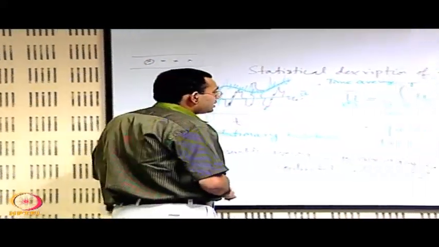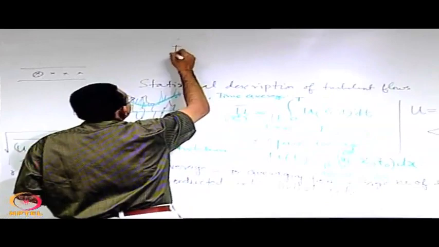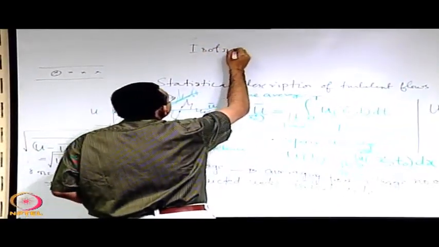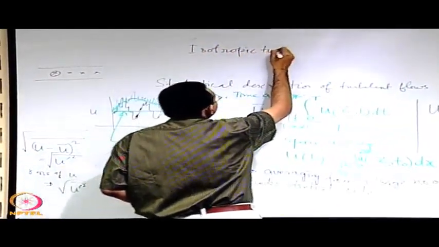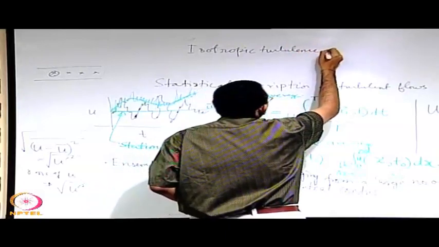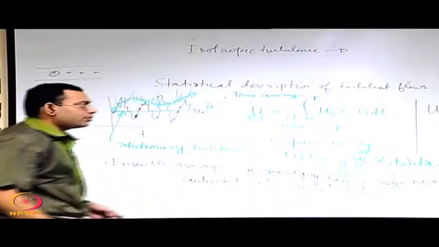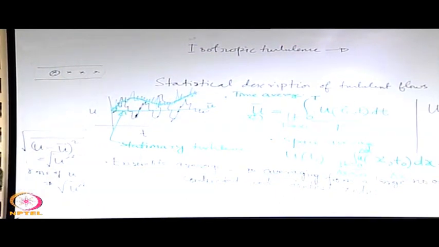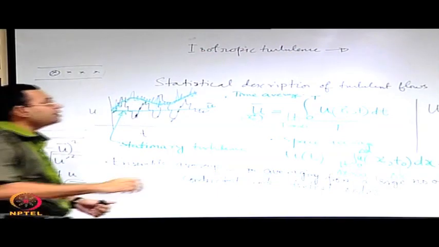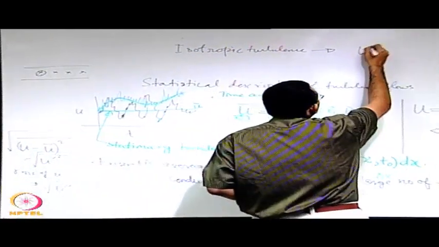There is some important terminology called isotropic turbulence. What is isotropic turbulence? Isotropic turbulence means that the turbulence statistics are independent of direction. That means the RMS values of the velocities should be direction independent. That means whatever is the RMS of u, the same should be the RMS of v and the same should be the RMS of w.